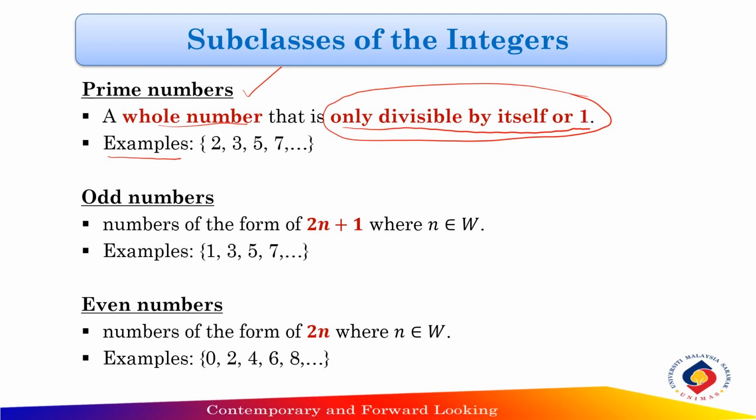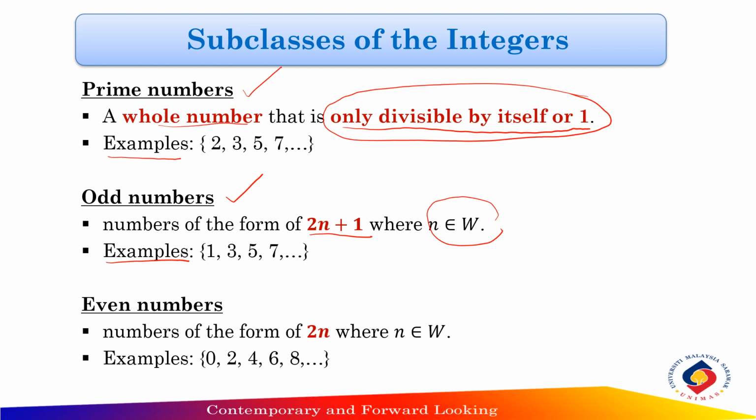And then second one, odd numbers. The numbers of the form 2n plus 1, where n is an element of whole numbers. So for example, 1, 3, 5, 7. So this is an example of odd numbers.